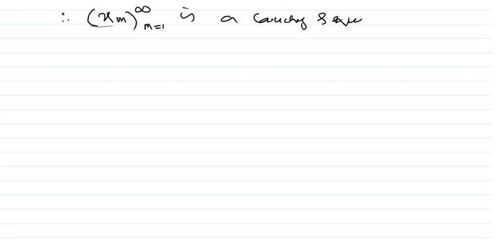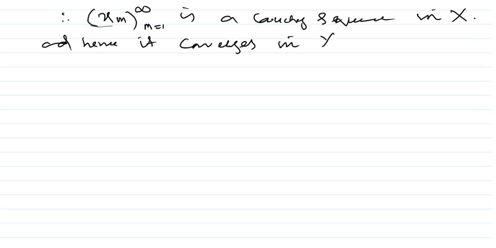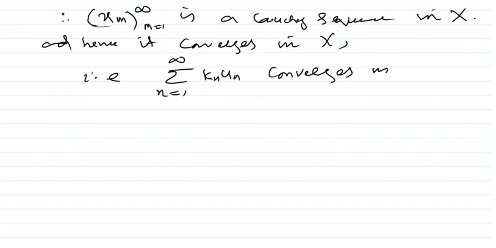So therefore this sequence xm, m runs from 1 to infinity, is a Cauchy sequence in X, and X is a Hilbert space, so hence it converges in X. वही तो हमें प्रूव करना था, part B, it converges in X. So that is, this series, n runs from 1 to infinity, converges in X. Why this series?